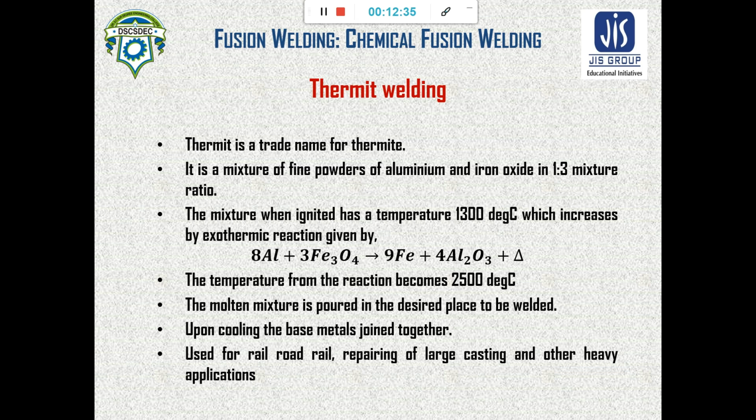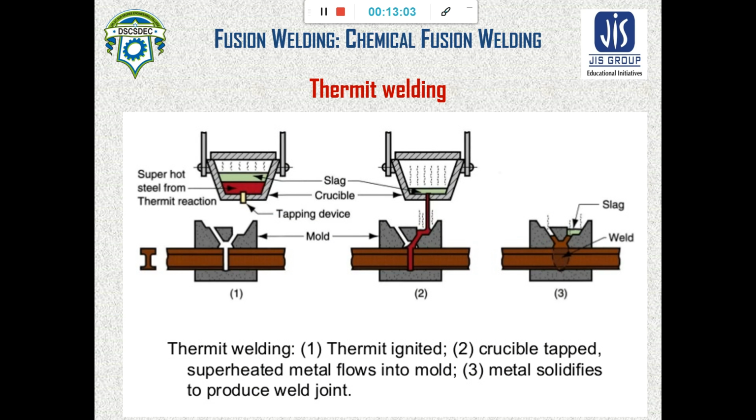This molten mixture is poured into the desired place where the welding should be done, and upon cooling the base material will be joined together. This is mainly used for railroad rail, repairing of large castings and other heavy applications.